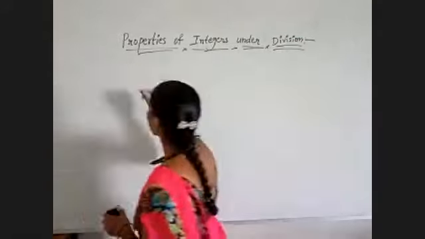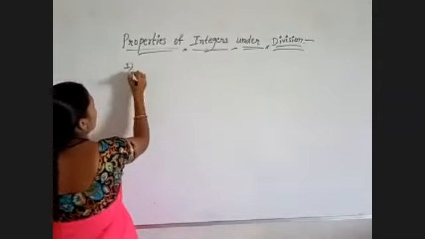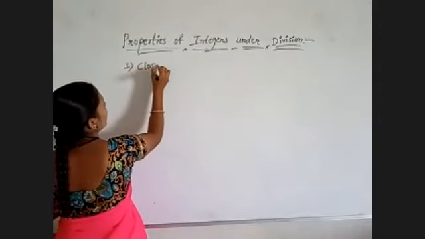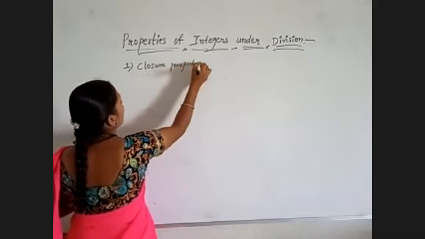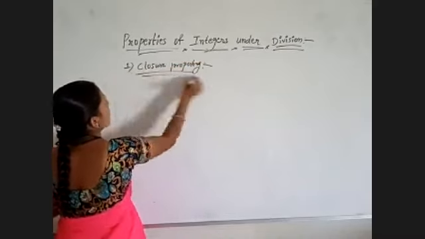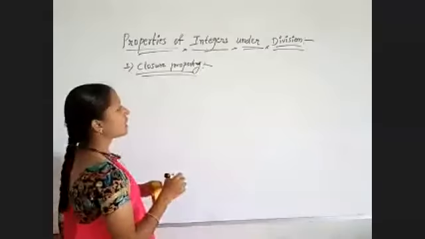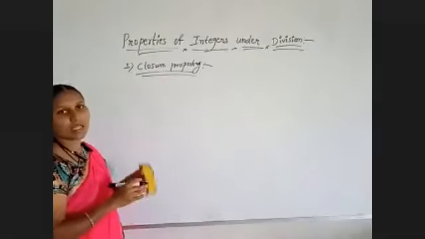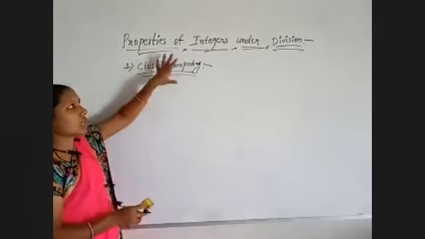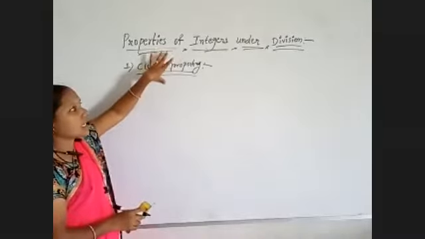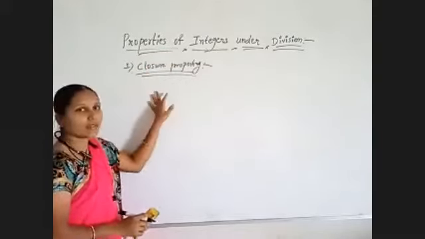First property, commutative property. Sorry, closure property again. Closure property states that whenever we are applying any operation, the result must be an integer, because we are dealing with integers only.